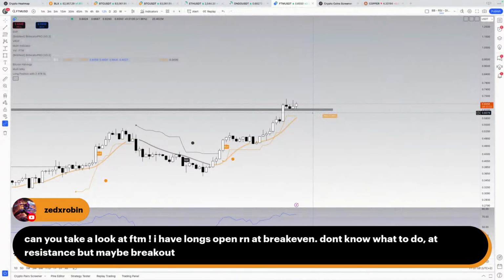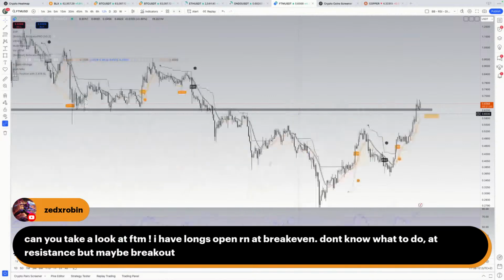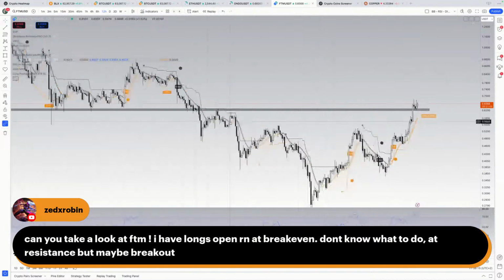I think I would add my stop loss around 60 cents. Again, I'm not sure if you're using leverage or not, but I would use a stop loss and let the market decide. Also not sure what you're aiming for with TPs, but if it can then make a reclaim, I see this one going towards 77 cents.